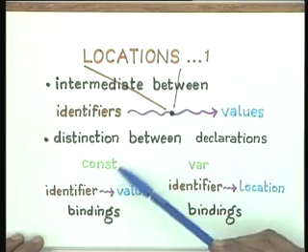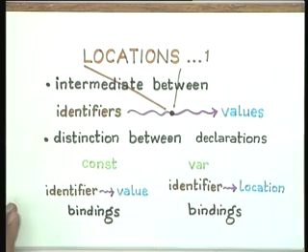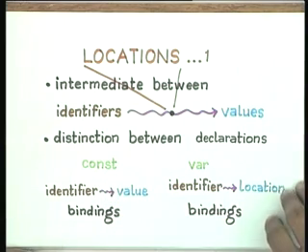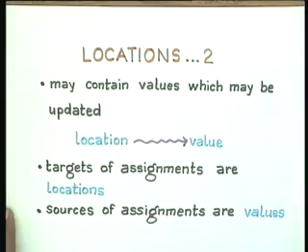As opposed to constants, which would be just identifier-value bindings, variables would be identifier-location bindings, and further we would have values associated with locations, which loosely speaking refer to values contained in locations.